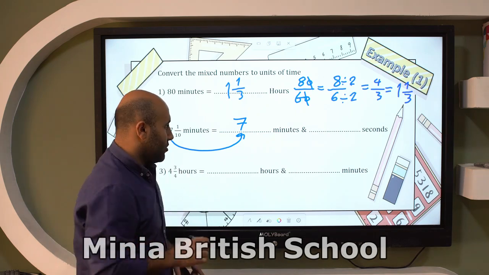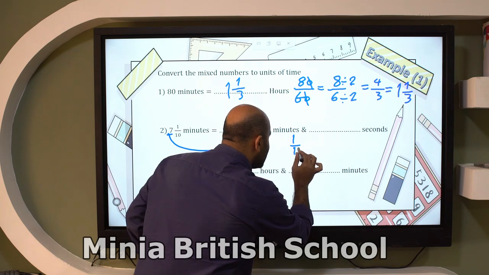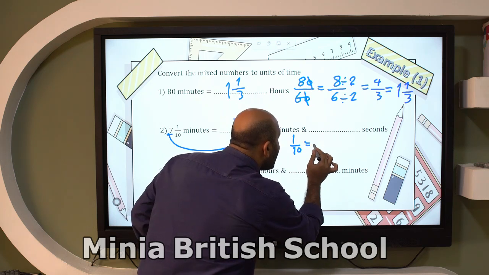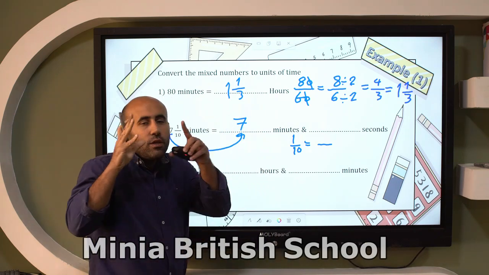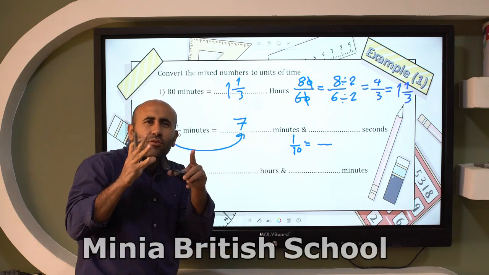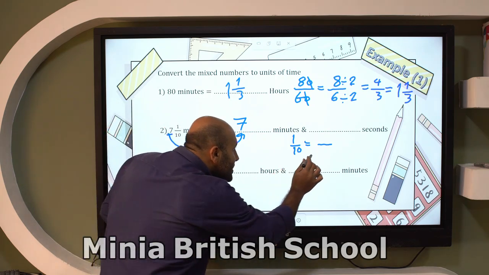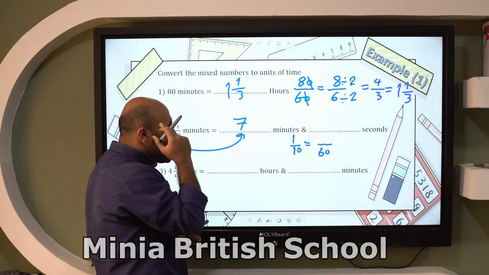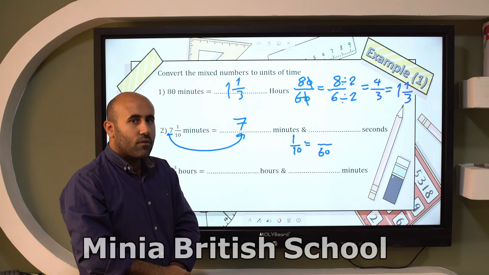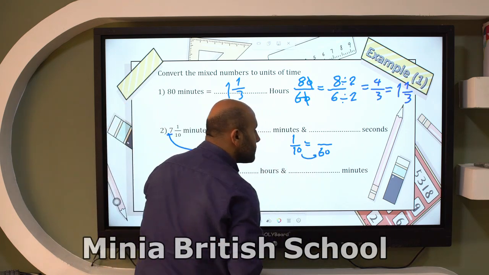How? Look at me. Okay? Pay attention. I have 1 over 10. This is our fraction. I have to find its equivalent. But wait a second. We all know that the minute consists of 60 seconds. So put the 60 right there. And ask yourself, what happened to the 10 to become 60?